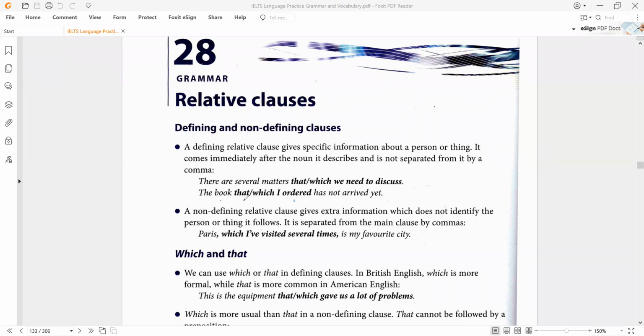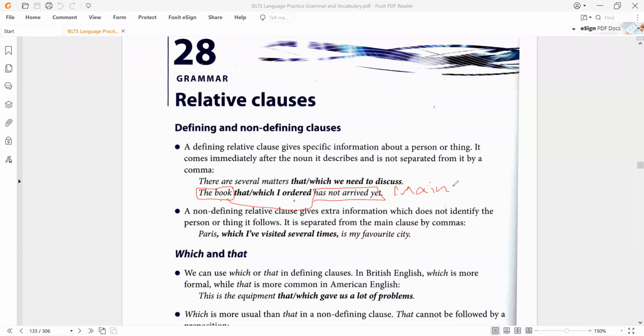The book that or which I ordered hasn't arrived yet. So the main is this one. Hasn't arrived yet. Yes, the book hasn't arrived yet. So this is the main sentence.